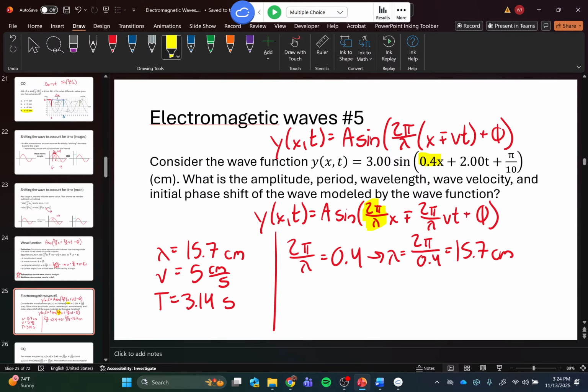All right, great. Now that you have that, it unlocks the capability of doing this one. Now that I know lambda, 2 pi over lambda times v equals 2. Why? Because they match. There is something you can do here to make your life a little bit easier: 2 pi over lambda equals 0.4.